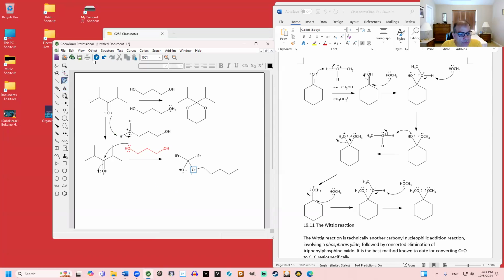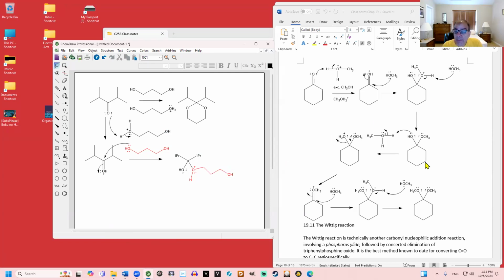I have too many carbons. And so this whole part of the molecule came from the propane diol. And so you get this intermediate.